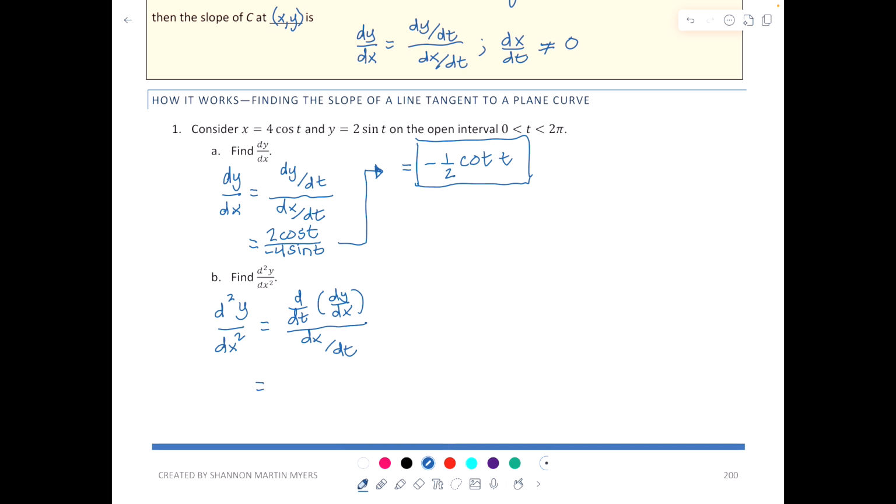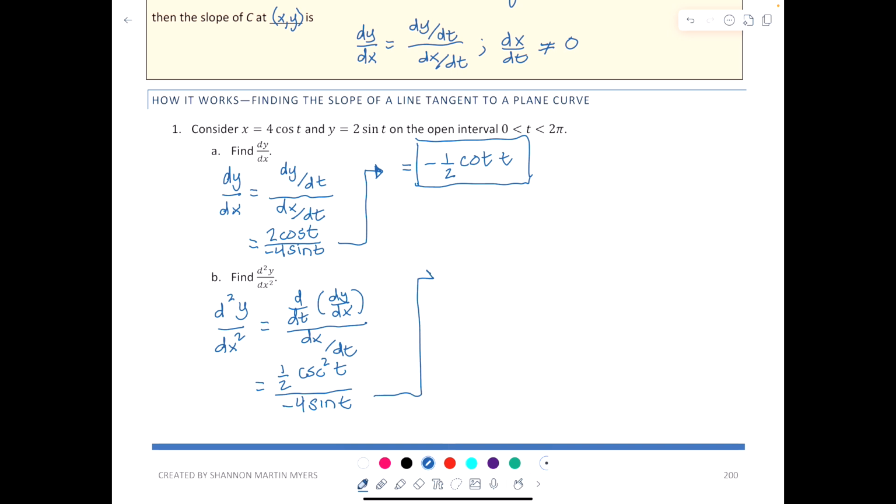Our result last time had been negative 1/2 times cotangent at t, and so we'll get negative 1/2 times negative cosecant squared at t, which becomes positive 1/2 cosecant squared at t, over dx dt, which is still negative 4 times sine at t.